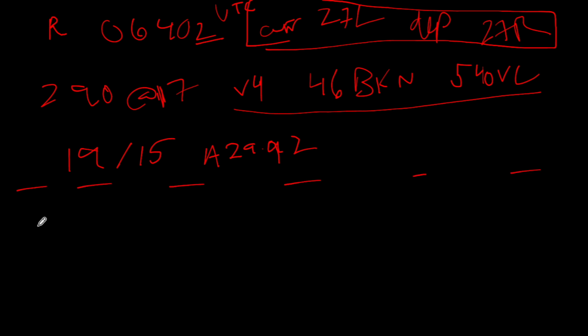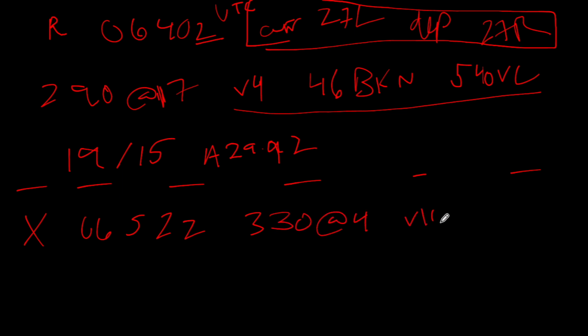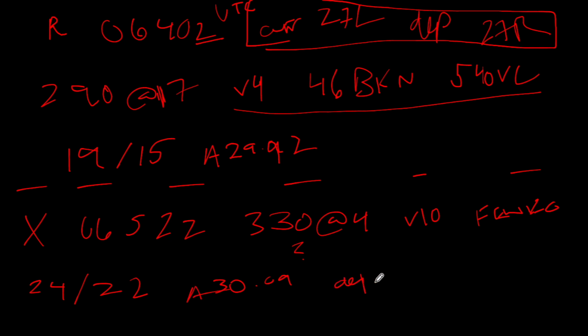Advise on initial contact you have information X-ray. Atlanta Airport departure information X-ray 0652 Zulu. Wind 300 at 4. Visibility 10. Few clouds at 12,000, 15,000 scattered, 20,000 scattered. Temperature 24, dew point 22, altimeter 3009. Simultaneous departures, departing runways 26 left, 27 right.